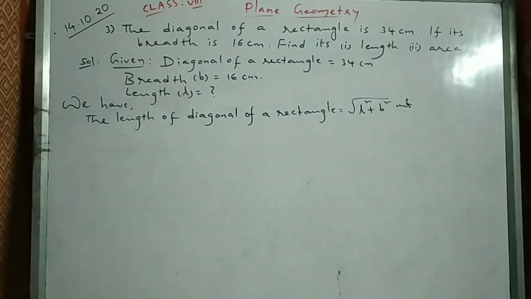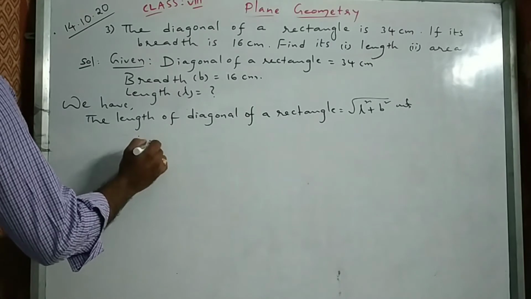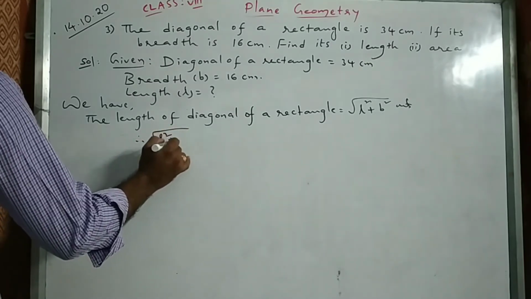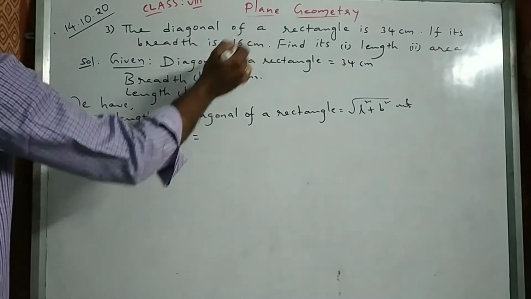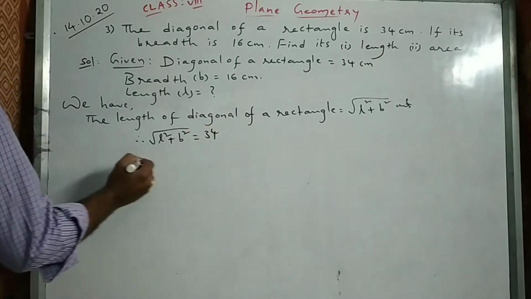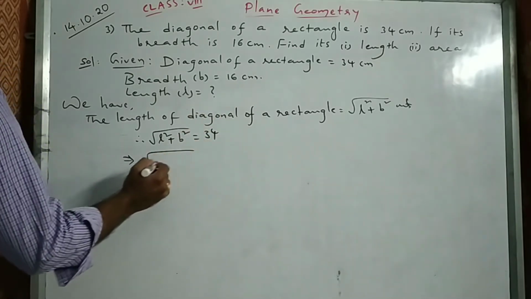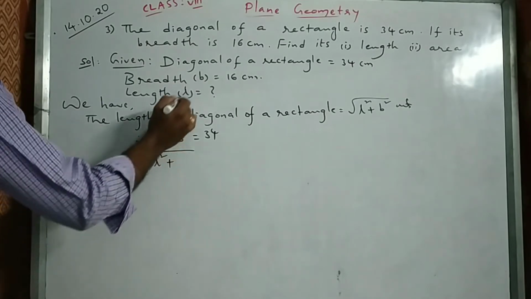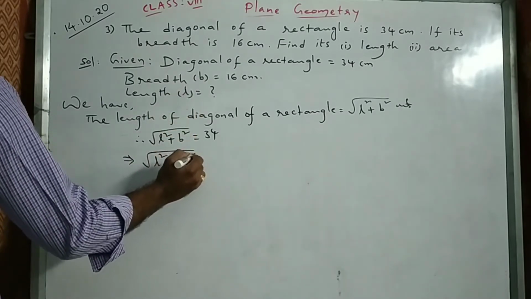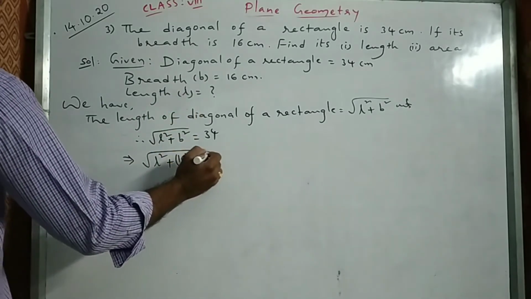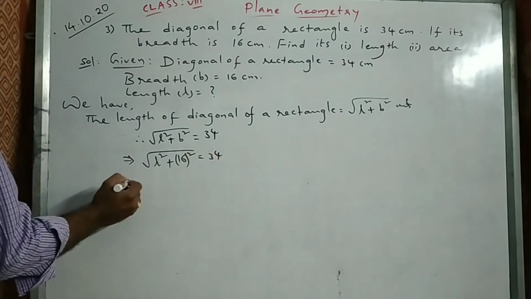You remember formula? Diagonal of rectangle formula, square root of L square plus B square. So therefore square root of L square plus B square equal to what is given here? 34. Root of L, I do not know, plus B value is already given, 16 square, equal to 34.